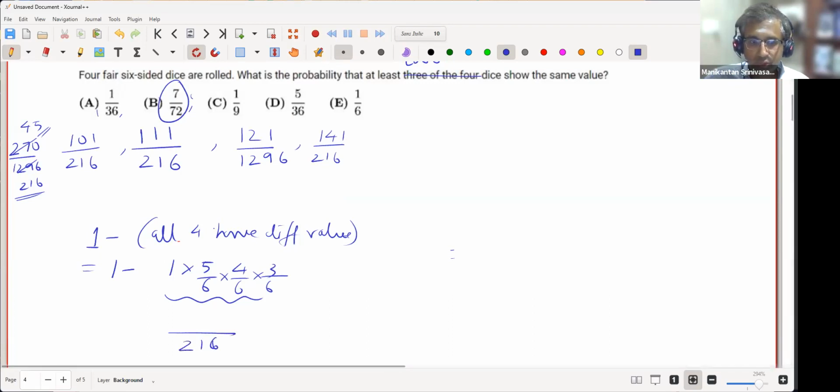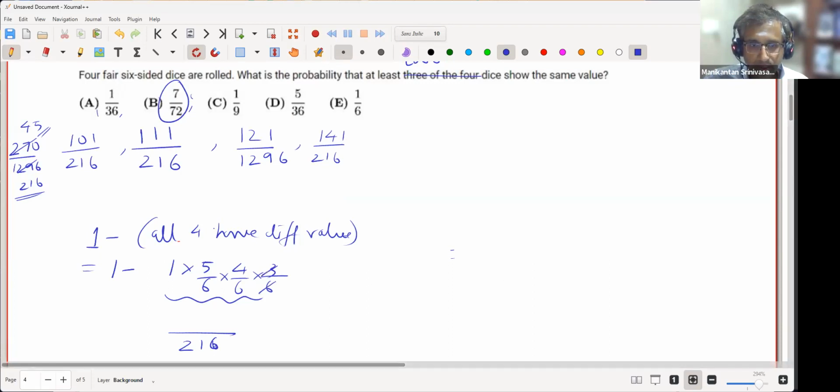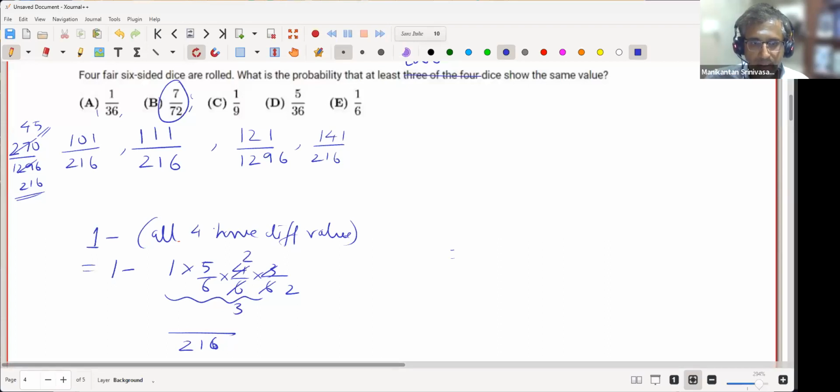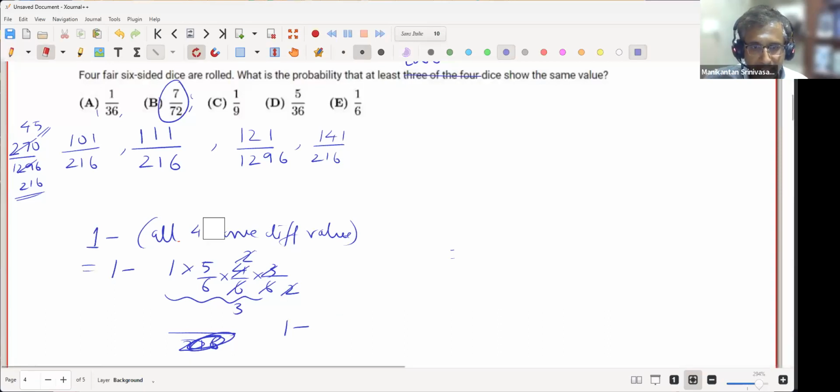So how much is this? It's 216. Maybe I can just cancel off here itself. 6 goes 2 times, and then 6, 3, and 2, I guess, right? So it's 1 minus 10 upon 36, is it? Oh, one more 2 can cancel. So 1 minus 5 upon 18, which is 13 upon 18.